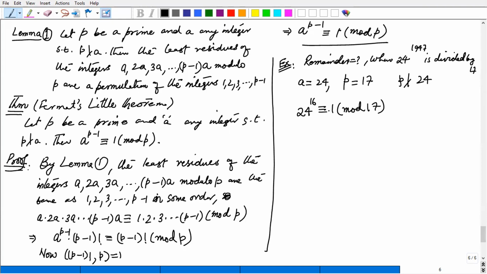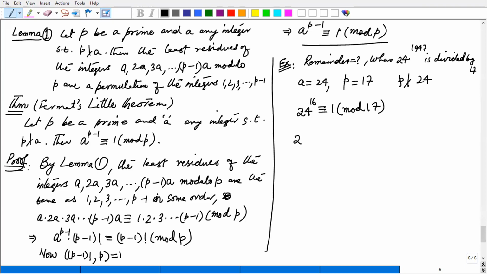Okay, so let me simplify that. We know that 24 to the power 16 is 1. So we break 1947 in such a way that we have the product of 16.